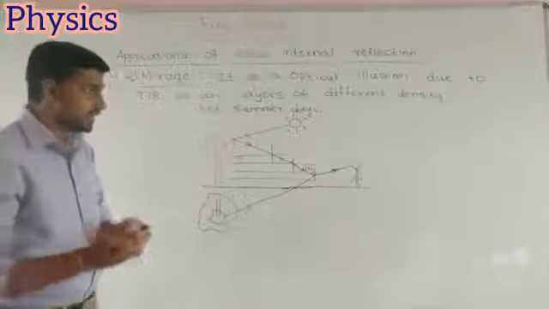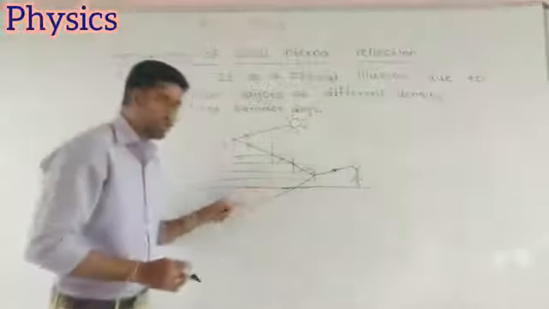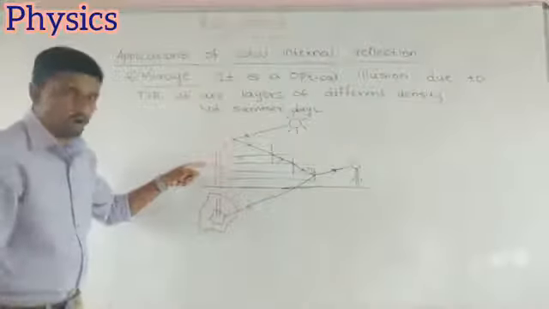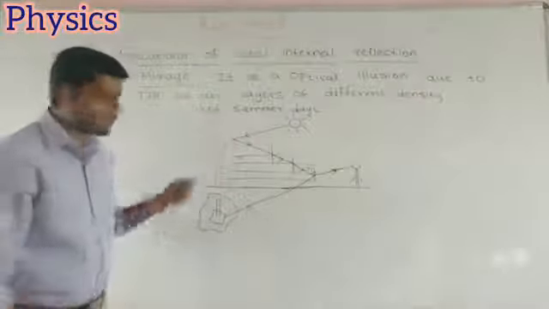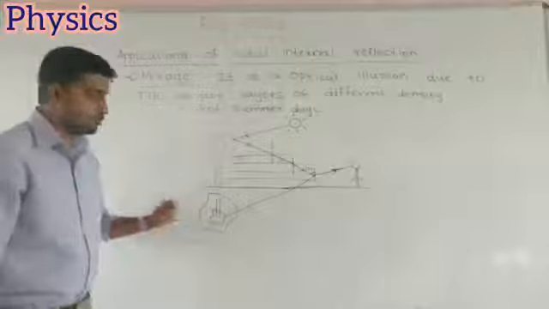That means he assumes there is a pool near this object, and that the image he is getting is from this pool.